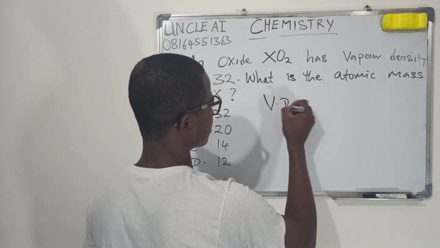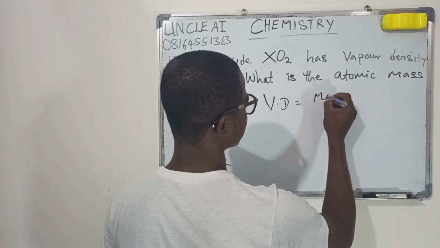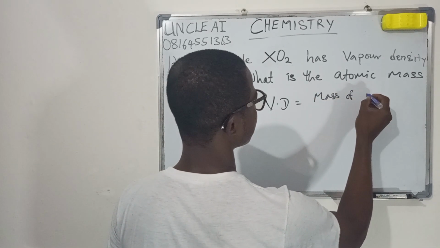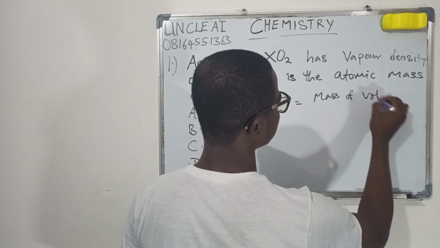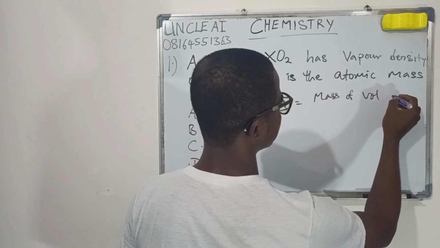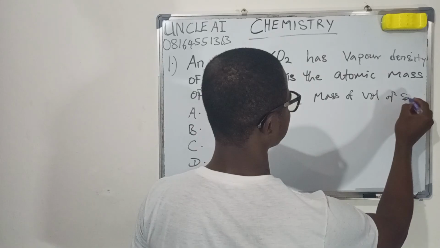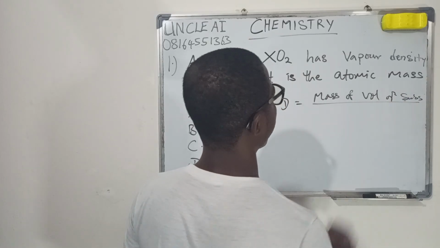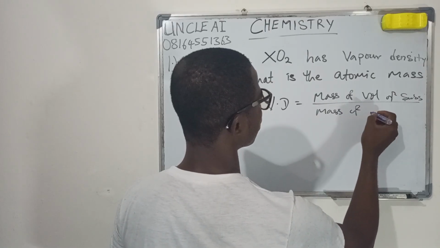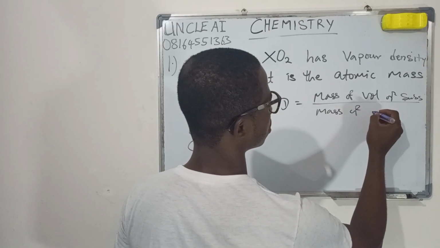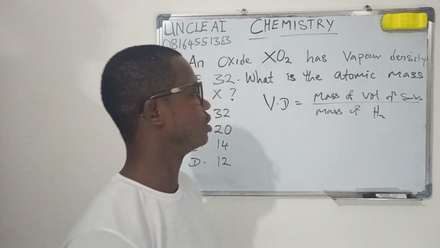Vapor density of a substance is defined as the ratio between the mass of a certain volume of a sample or of a substance against the mass of equal volume of hydrogen. Let me explain.